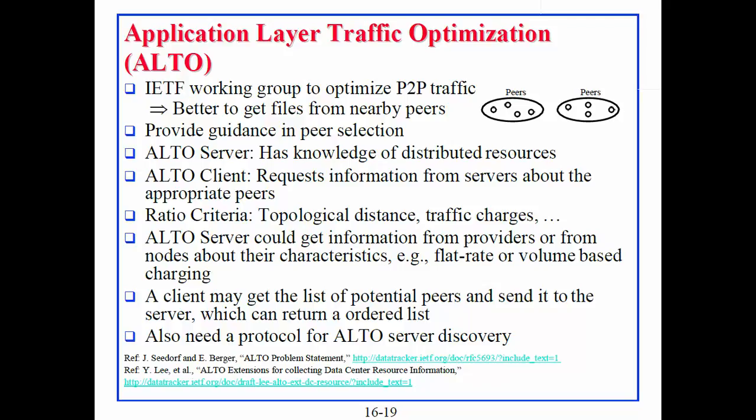Likewise, the client can get information from peers that it's aware of and send it back to the server, and then based on the criteria, the server can come back with an ordered, prioritized list, saying which is the best peer to connect to. Also included in ALTO is a server discovery protocol, so that the client can discover what server to use.